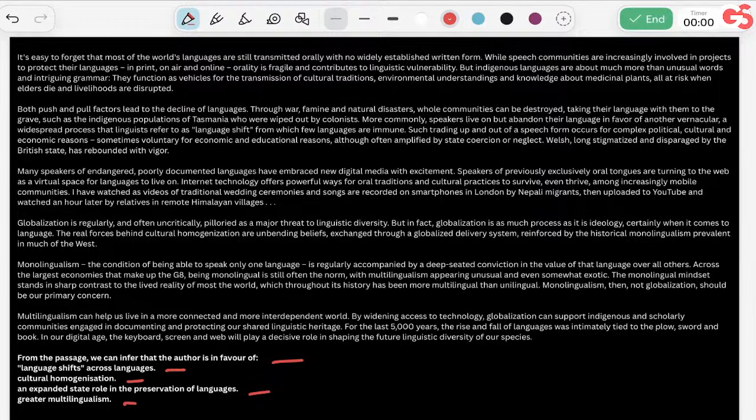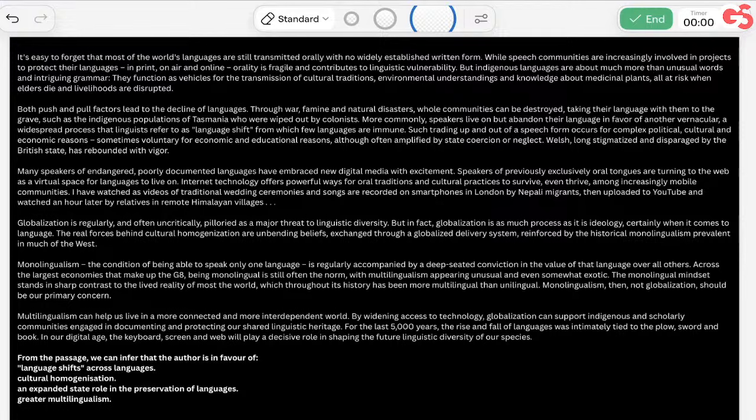From the passage we can infer that author is in favor of what? So there will be four options in which author will be in favor of one but not the others. इतना पढ़ने के बाद हमें क्या क्या मालूम पड़ चुका, देखते हैं. पहला है लैंग्वेज शिफ्ट अक्रॉस लैंग्वेजेस. Is he in favor of it? Not really, because he says languages should survive. Cultural homogenization, by this, probably it will be multilingual, so culture should be diverse.